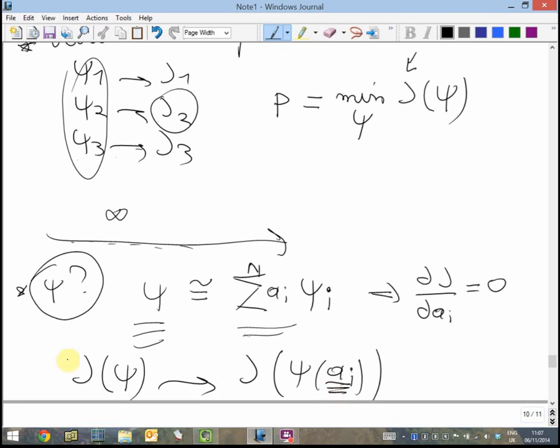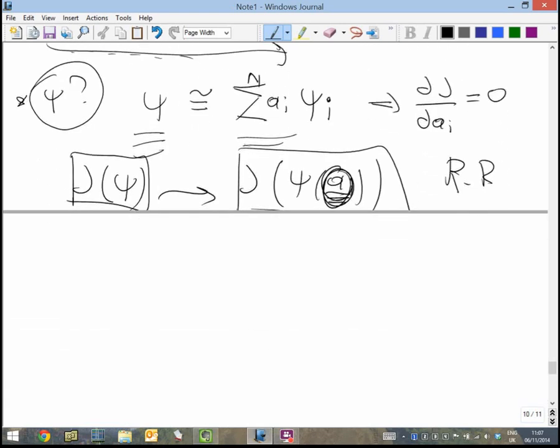So actually, while this expression is a functional, this is actually just a regular function, because what it takes as input are the unknown expansion coefficients a sub i, and based on the unknown expansion coefficients, it spits out an energy. So, a bit of a subtle point, but by applying the Rayleigh-Ritz methodology, we kill our functional and reduce it to a more lowly ordinary function, which takes a finite number of real values as input.